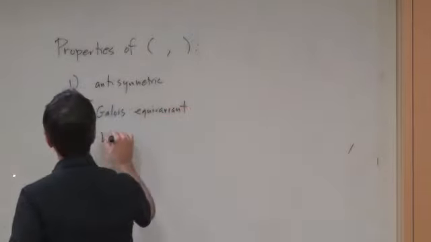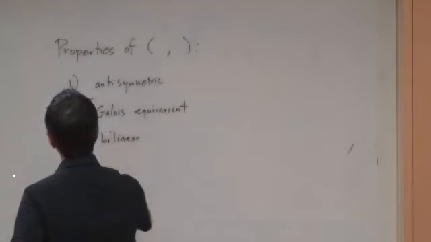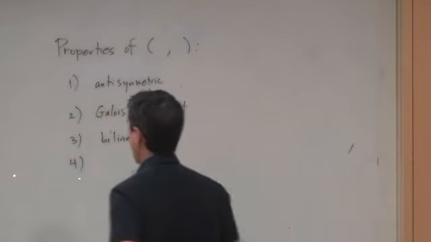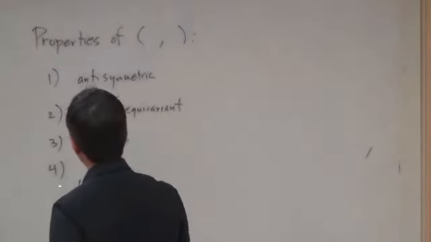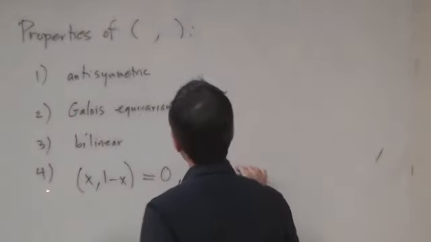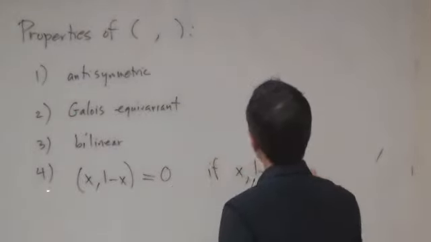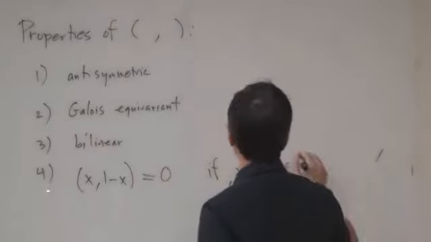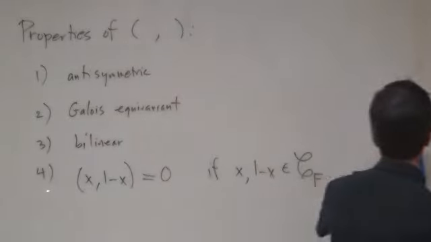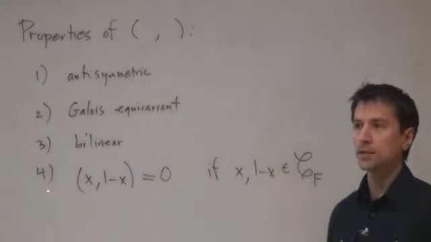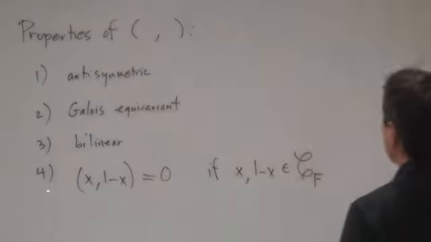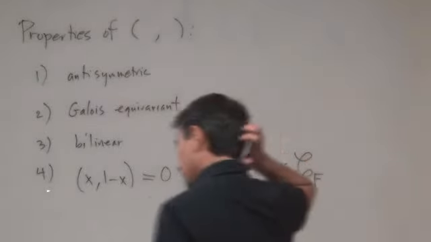It's bilinear, of course. And then it has one other nice property, and that is that the pairing of x with 1 minus x equals 0 if x and 1 minus x are both P units. We're only defining it on cyclotomic P units, but this has nothing to do with it being cyclotomic. It's just on P units. Those are the properties.